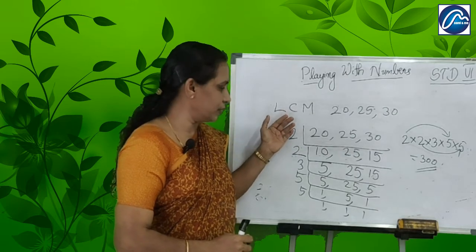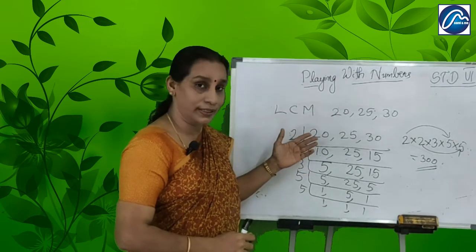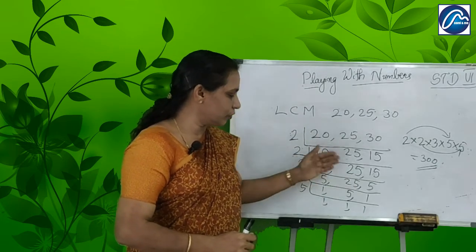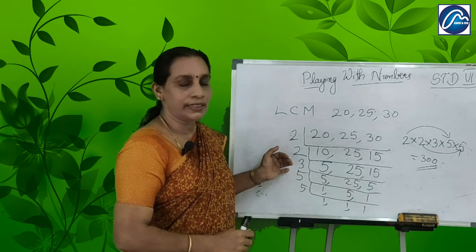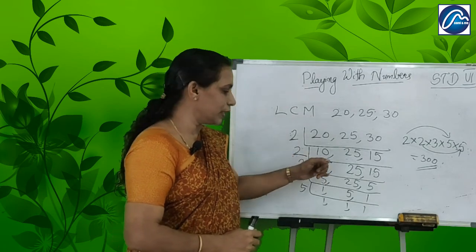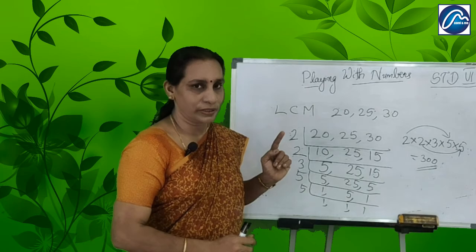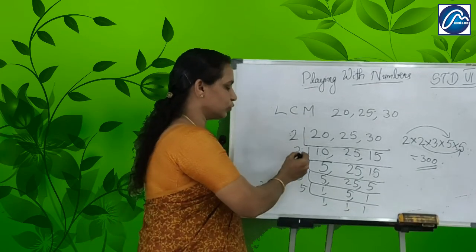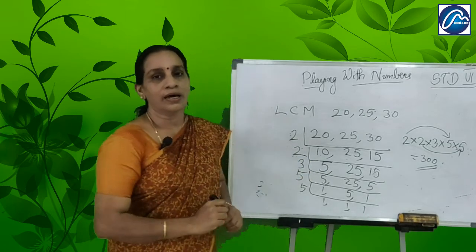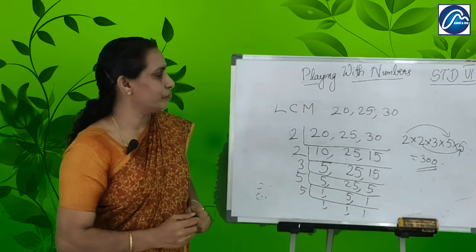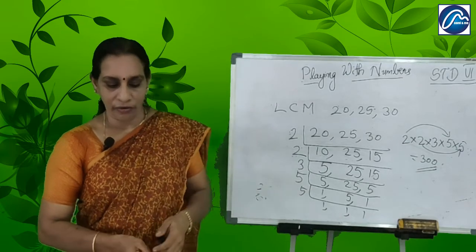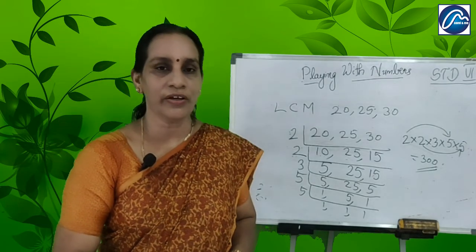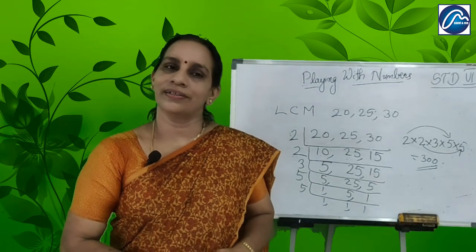Then if the division is over with that number, you can take the next prime number, where at least one of these numbers should be divisible by it. Then 2 into 2 into 3 into 5 into 5 is the least common multiple of these three numbers. You have more examples in your textbook, you try. I hope you understood everything of this lesson, and I am winding up.